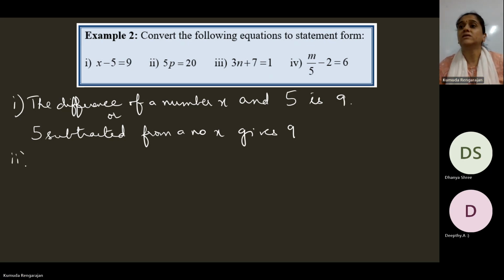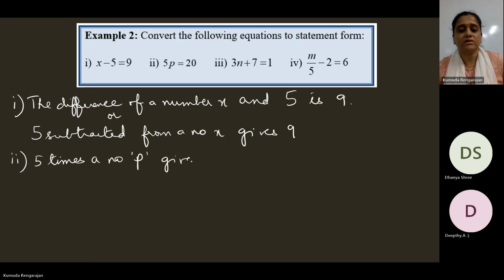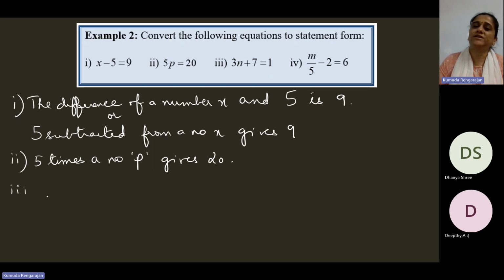Second one. 5 times a number p gives 20. Correct. Or the product of 5 and a number p is 20. Correct.